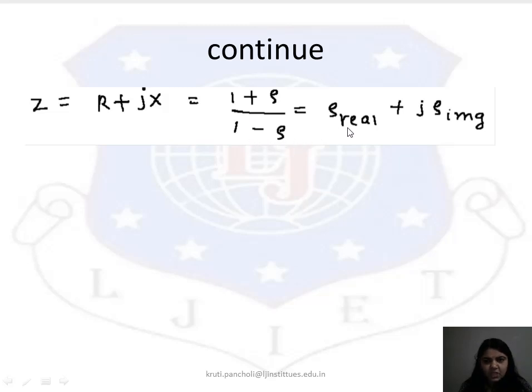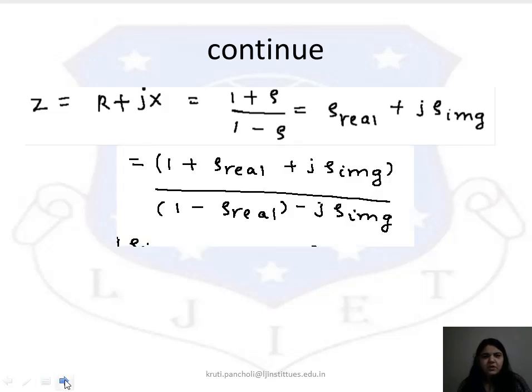Instead of rho I am writing rho real plus j rho imaginary. So it is 1 plus rho real plus j rho imaginary in the numerator, and the denominator is 1 minus rho real minus j rho imaginary.